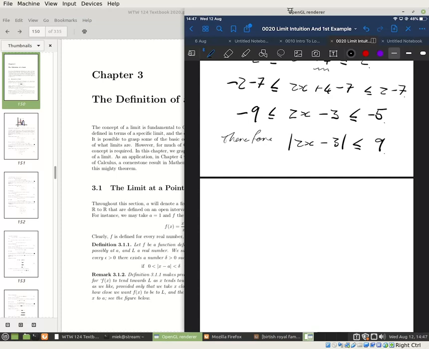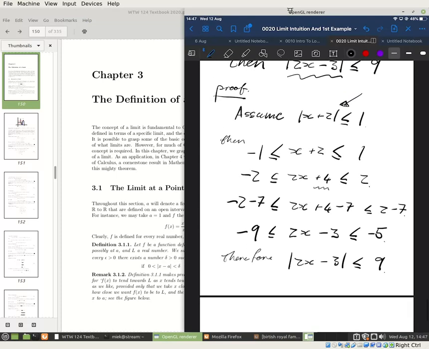Okay, so we see here, if this expression is less than or equal to 1, then this expression is less than or equal to 9, and most importantly, it is less than or equal to a constant, and the constant is 9.